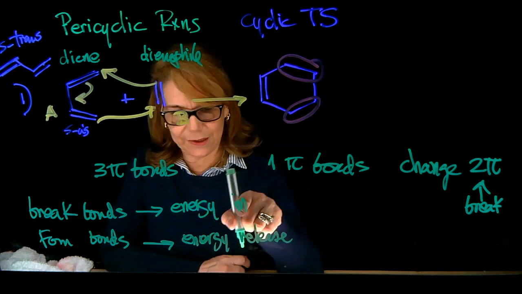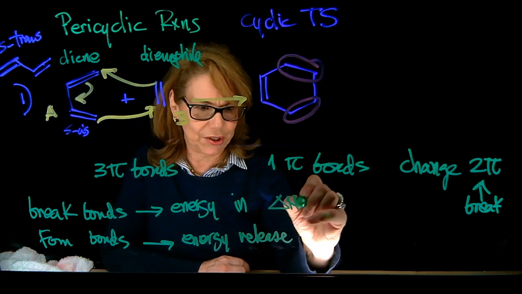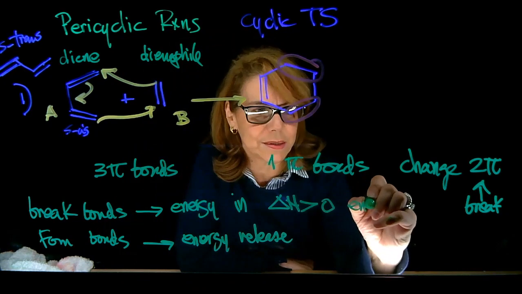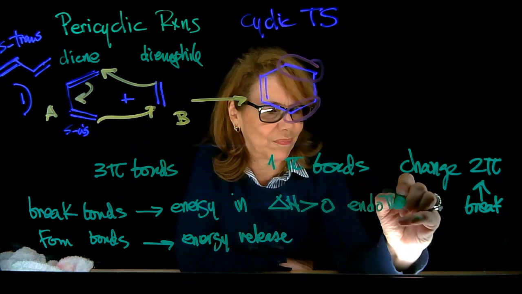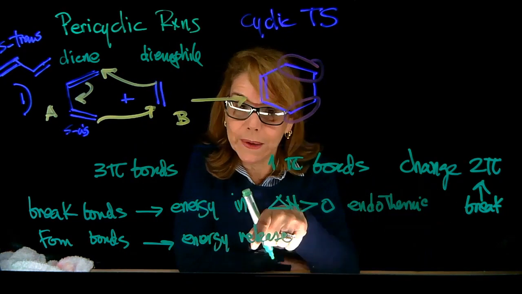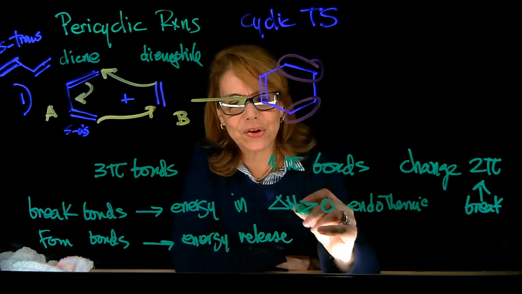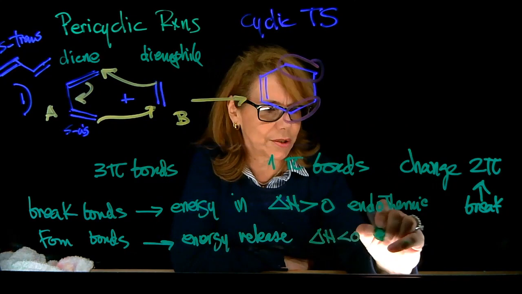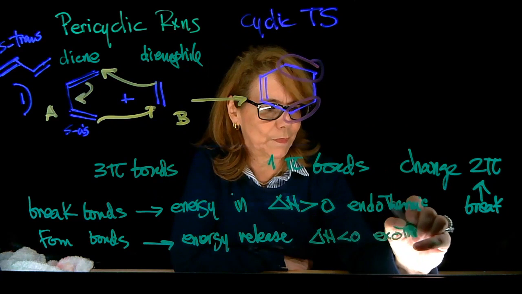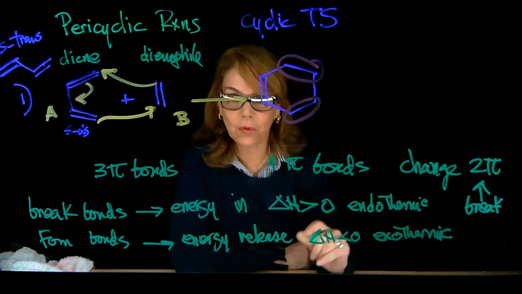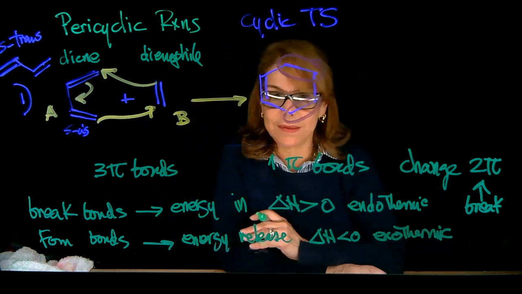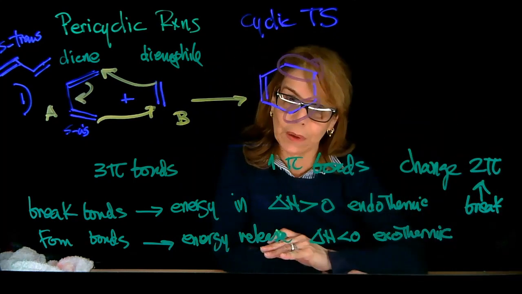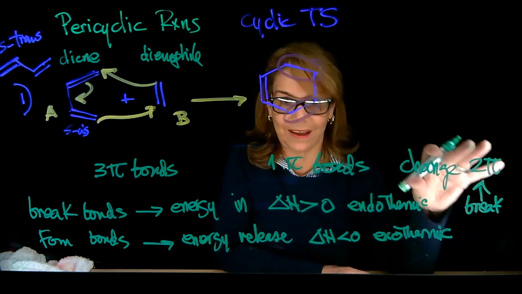Energy in implies a delta H greater than 0, so an endothermic process. When bonds form, energy is released. That is an exothermic process. So the balance in pi bonds is that I need to break 2 pi bonds. So that part there is endothermic.